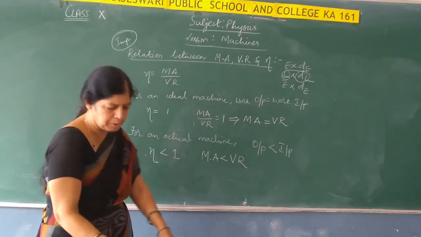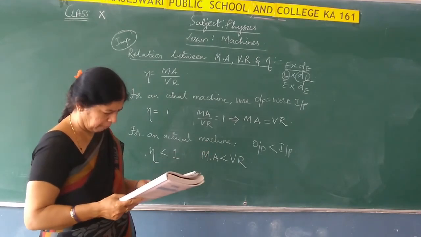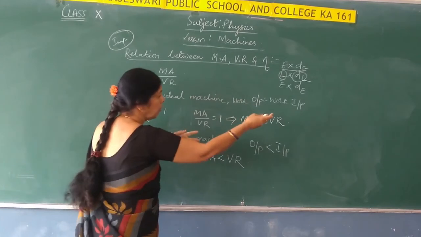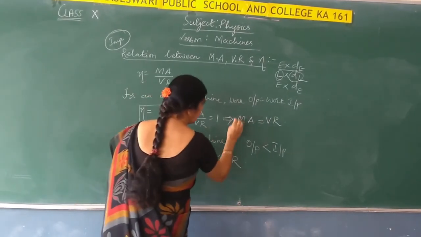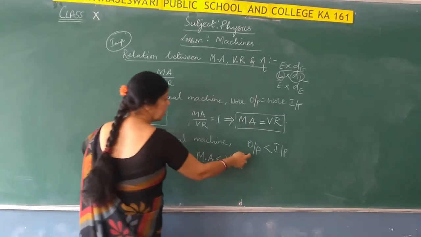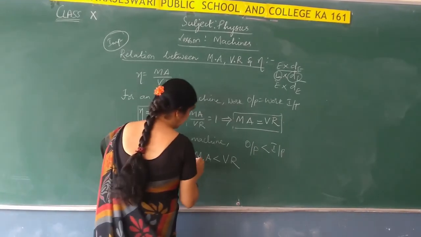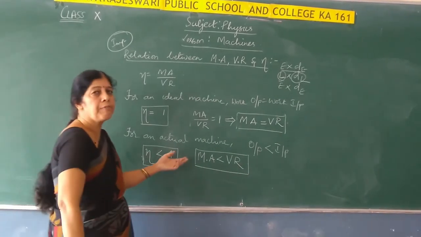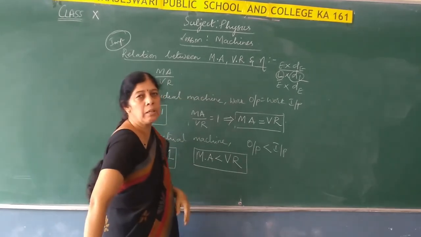This is very important to remember. So in the case of an ideal machine, work output will be equal to work input, therefore efficiency will be equal to 1, unity, and mechanical advantage will be equal to velocity ratio. For an actual machine, output is less than input, so efficiency will be less than 1 and mechanical advantage will always be less than velocity ratio. Why? Due to the weight and the friction of the machine. So this is all about the relation between these three quantities.